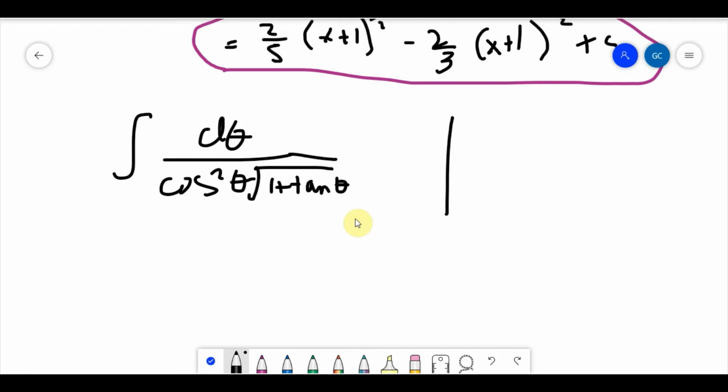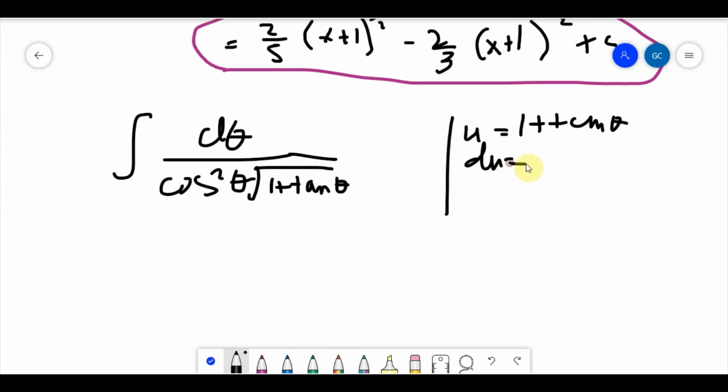Our u is, of course, what's inside here, because in that way we can remove cosine squared theta here. So let u be equal to 1 plus tan theta.